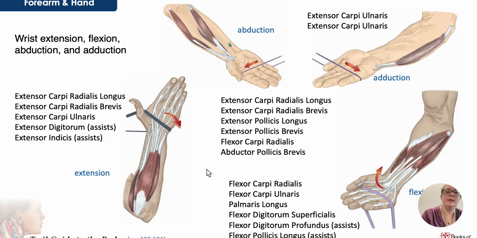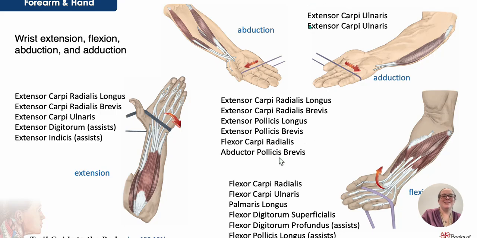The main one on the bottom, abductor pollicis brevis, is going to mean that it is abducting that wrist joint. And I'll explain what indicis and pollicis are when we get to the hands, so I don't confuse you too much, because it's really not that important. Just look at the first word, and it's going to tell you what's happening. Don't be overwhelmed. The forearm sucks.